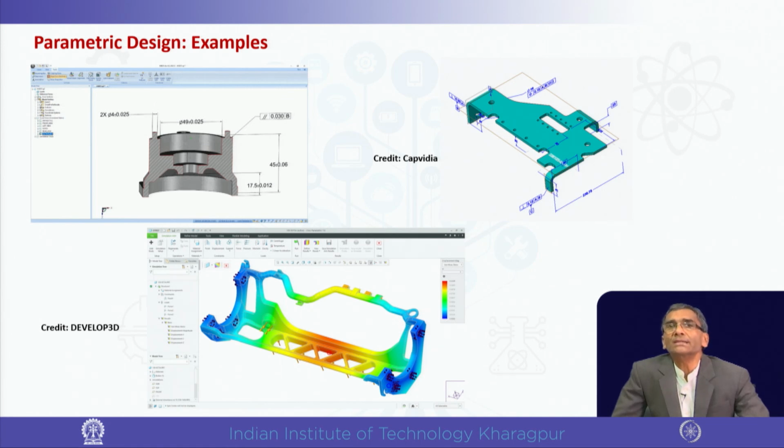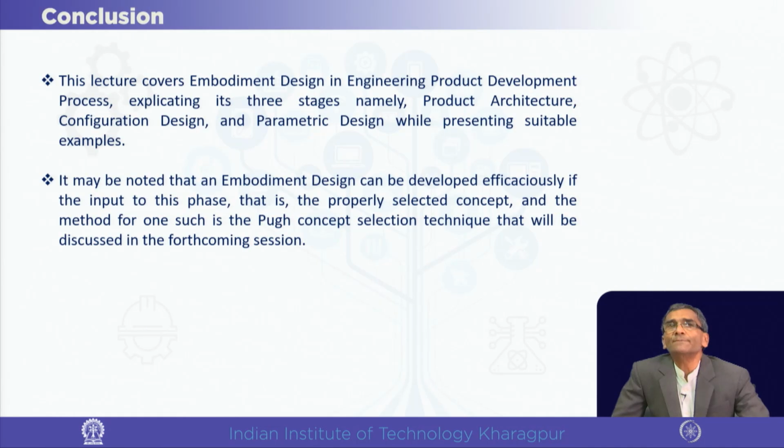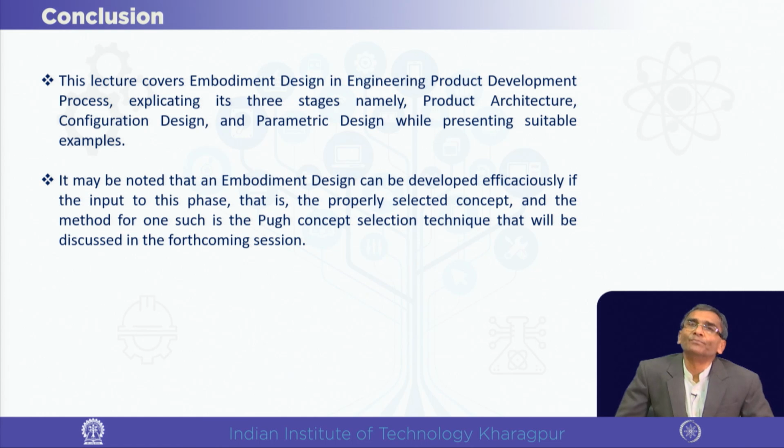So, we discussed the three aspects of embodiment design, that is product architecture, configuration design and parametric design. Here it is important to know that to make this embodiment design phase effective, the correct selection of the concept is very important, because that is the input.